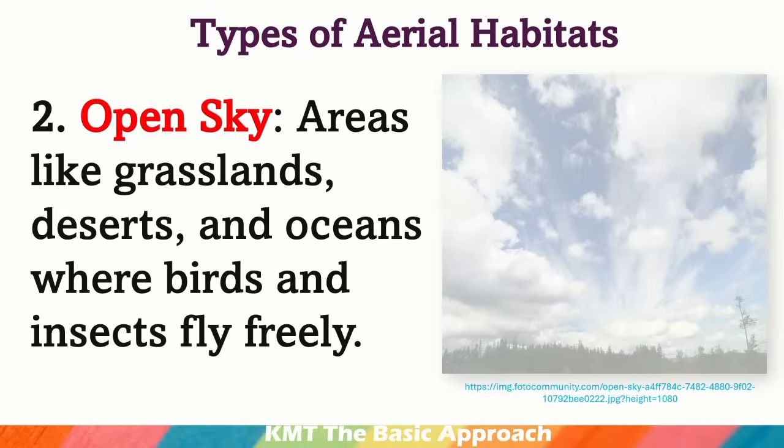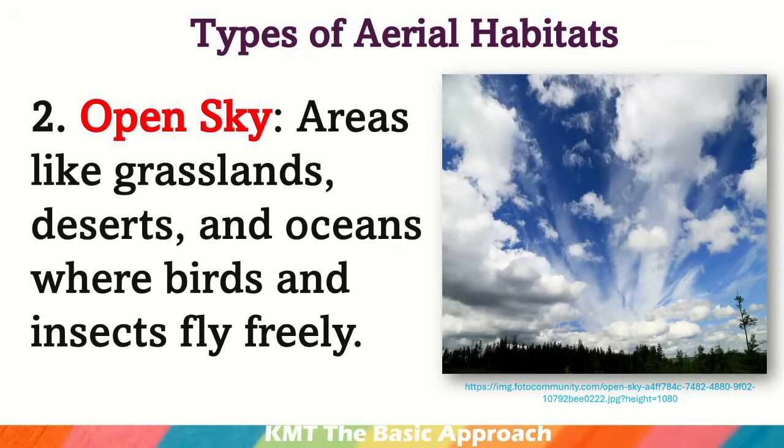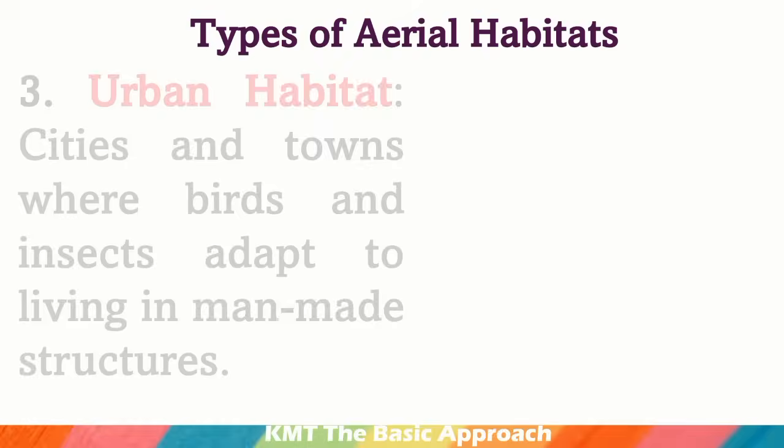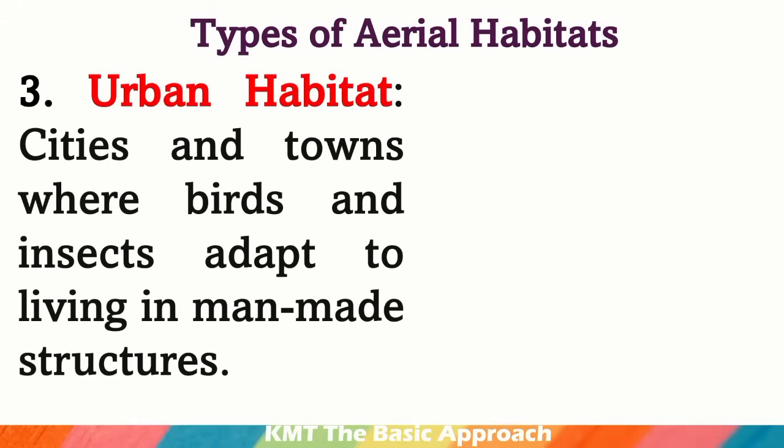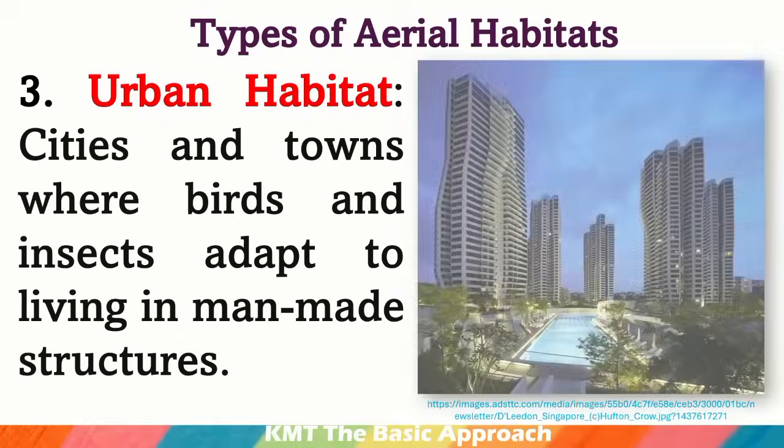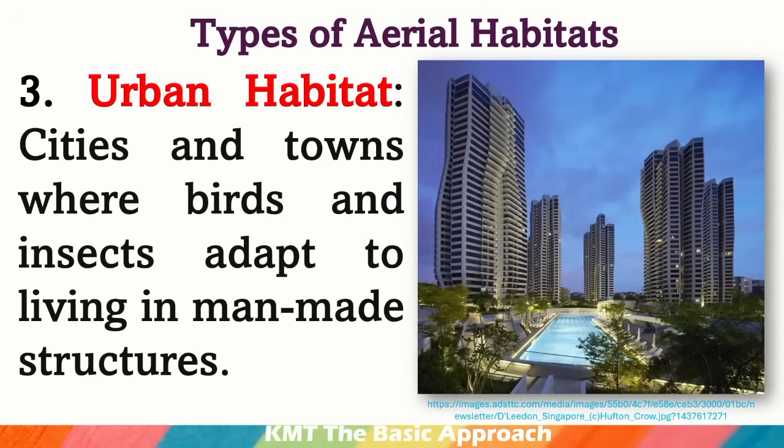Open sky. Areas like grasslands, deserts, and oceans where birds and insects fly freely. Number 3. Urban habitat. Cities and towns where birds and insects adapt to living in man-made structures.